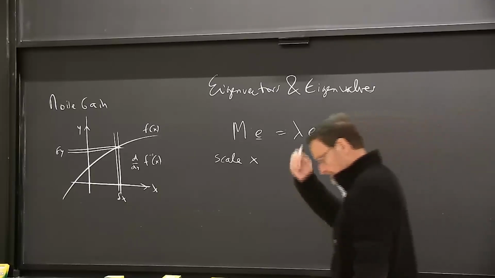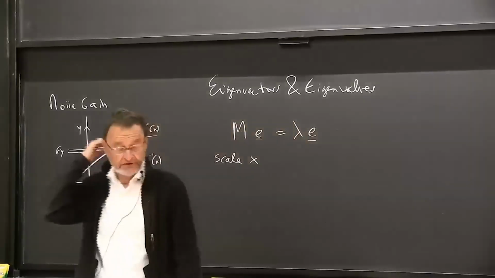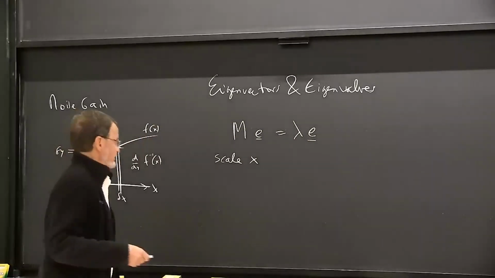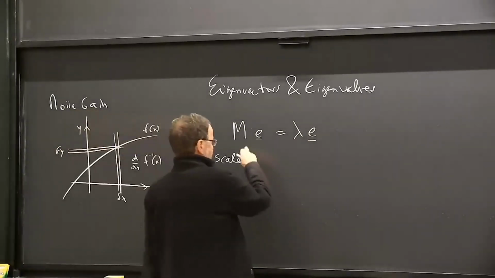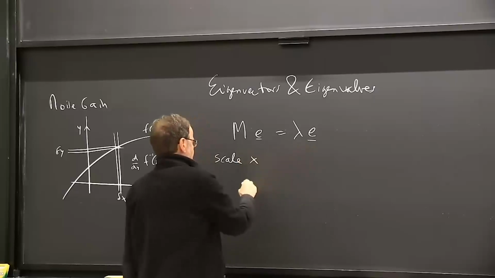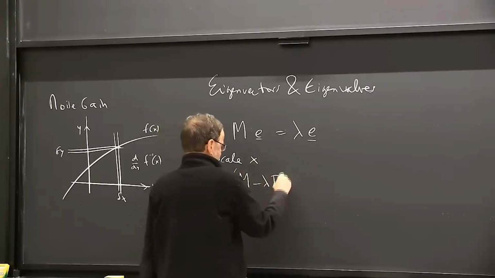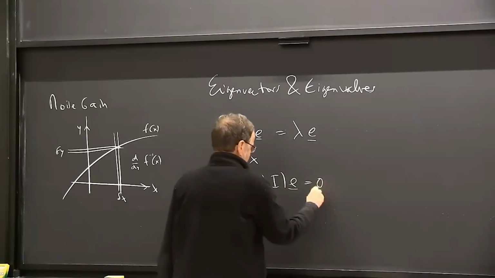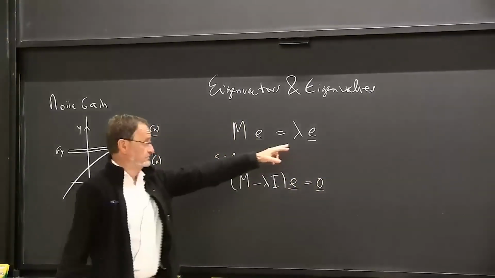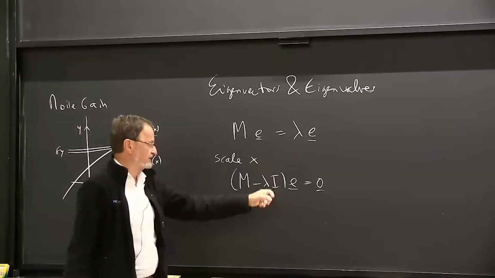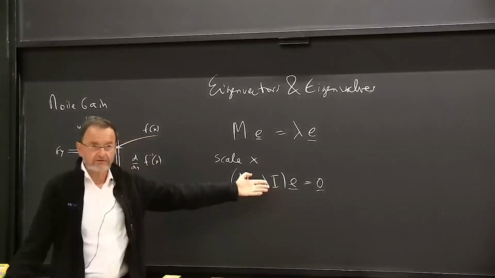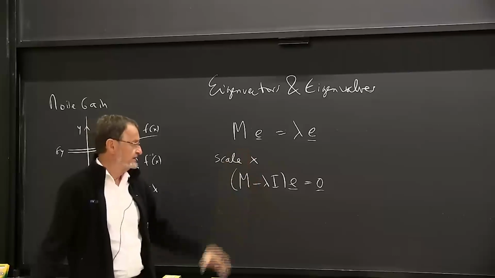Okay, so then the question is, how do we find these things, and how many are there, and things of that nature? Well, one thing we can do is we can try and solve this equation by bringing this over to the other side. So I is just the identity matrix of the appropriate size.